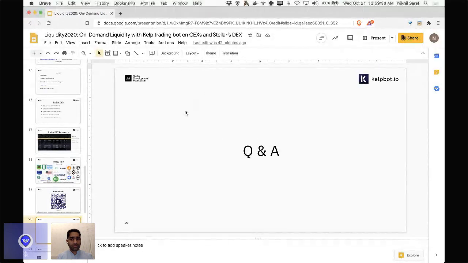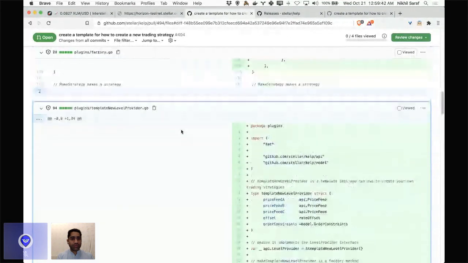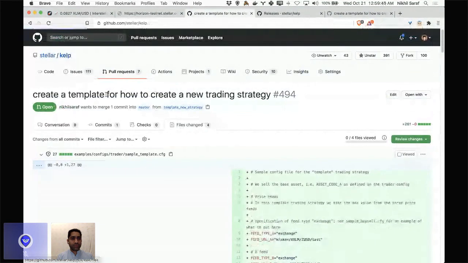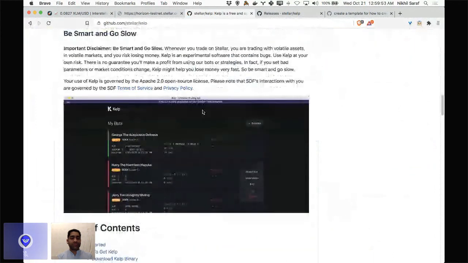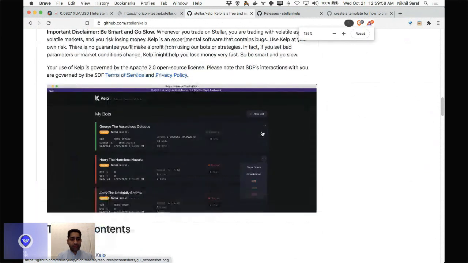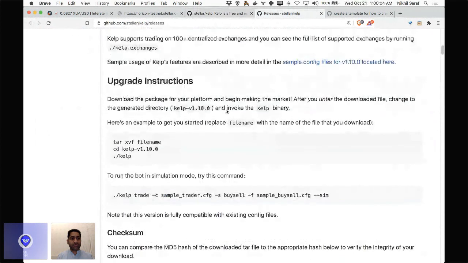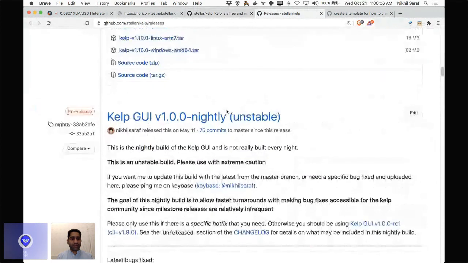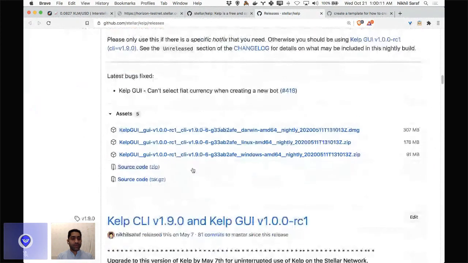If we go to the Kelp repo, here's a screenshot of the Kelp GUI. You can also download it from the releases section. We have the nightly builds, and the latest release of the Kelp GUI. You can get this for, again, Mac, Linux, or Windows.